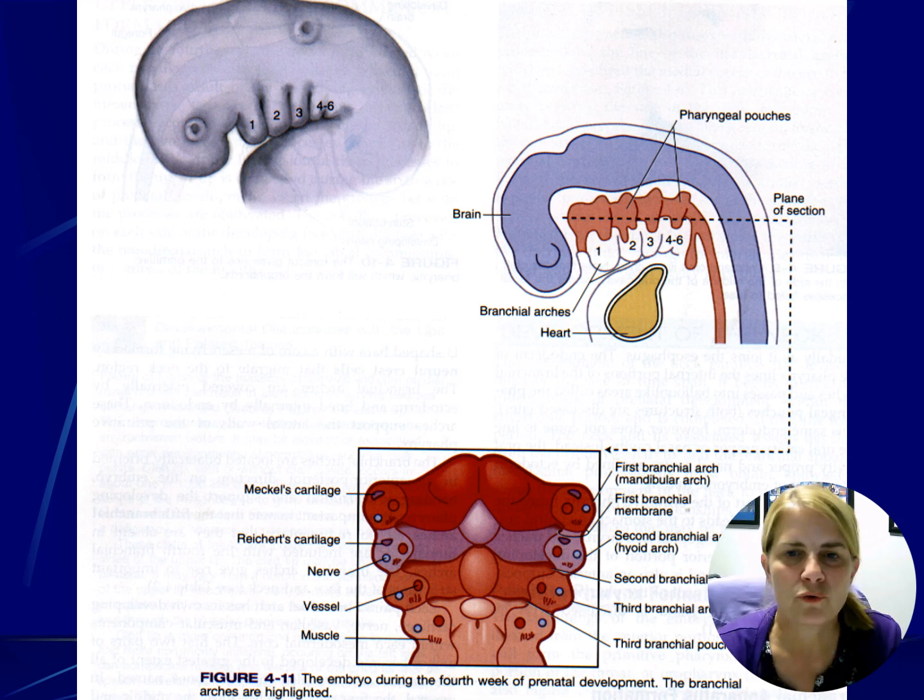Then we've got the grooves that lead to the pouches, so like the little balloon-like structures as you pass from the groove on the outside towards the pouches on the inside. The first branchial arch is the mandibular arch, the second is the hyoid, the third is parts of the hyoid bone and pharyngeal muscle. 4 through 6 fuse and participate in forming laryngeal cartilage, the mesoderm of these arches, and the pharynx and larynx muscles.